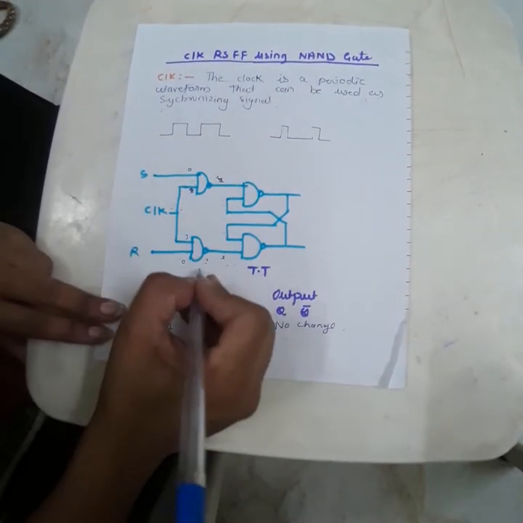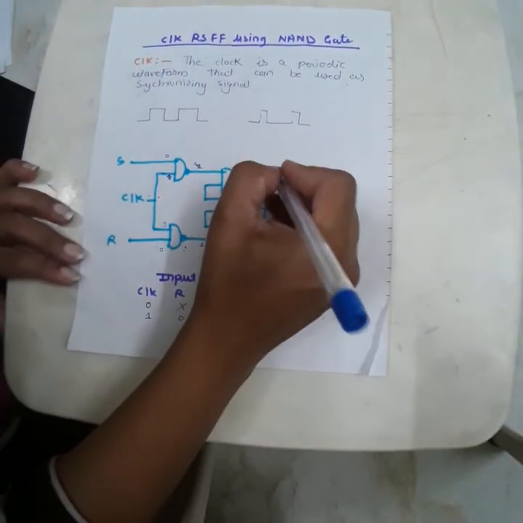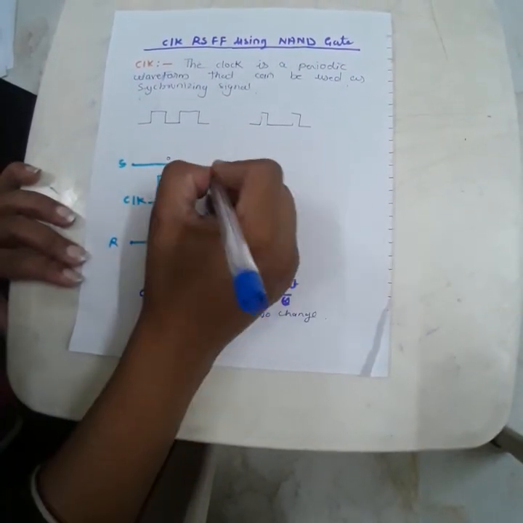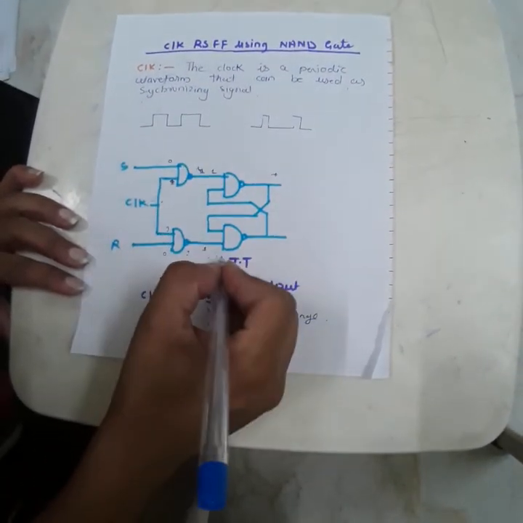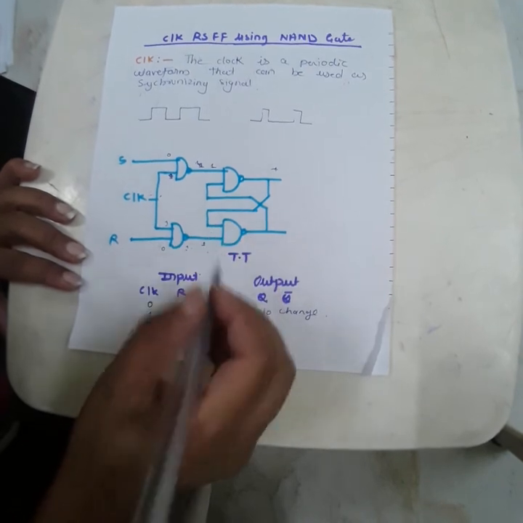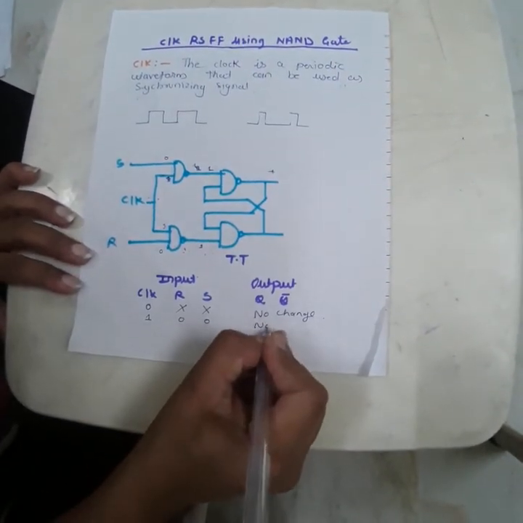Now one of the inputs is 1, and you know that when R and S are both 1 1, we will get the no change condition.